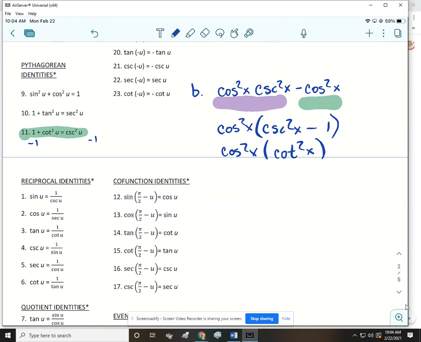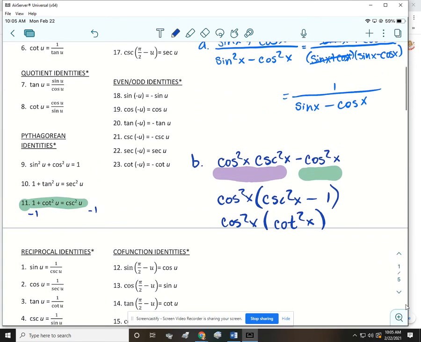Okay, and then we could keep trying to see if we can simplify this more. Like, for example, we could try to use number 8. And if we did, we would multiply by cosine squared of x over sine squared, and nothing would cancel.